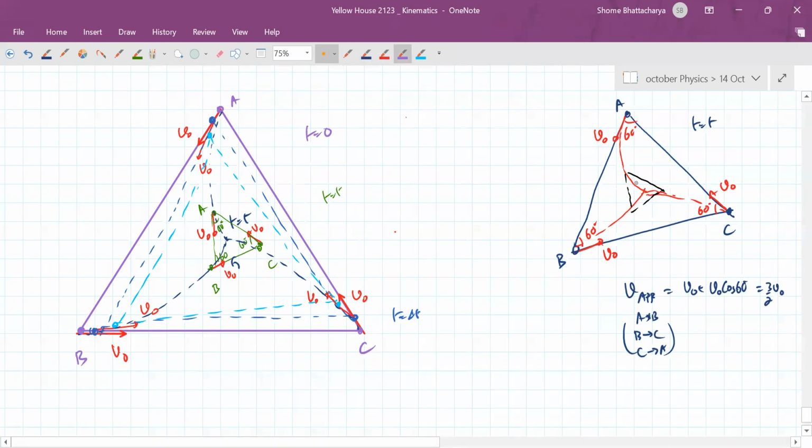So they have the same approach velocities. So this statement holds true always till they collide. So if at some instant the distance between any two of them is s, then minus ds by dt is equal to 3 by 2 v0, which is a constant.